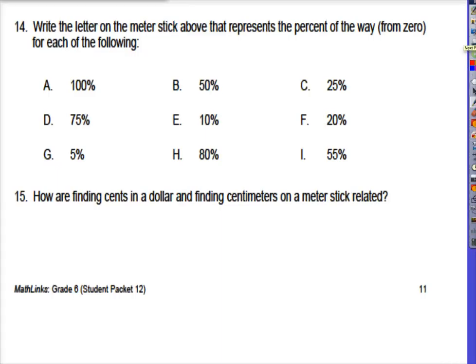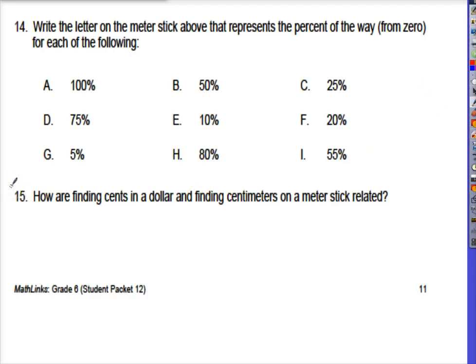So draw your meter stick. 0 at one end, 100% or 100 at the other, and then you're going to put your percents in there. Okay, so pause the video here. You need to draw your meter stick, and you need to draw it the length, or I meant width, the width from side to side of the paper, and then you're going to start filling in where these different percents would go. Okay, and then you're going to answer 15 as well.